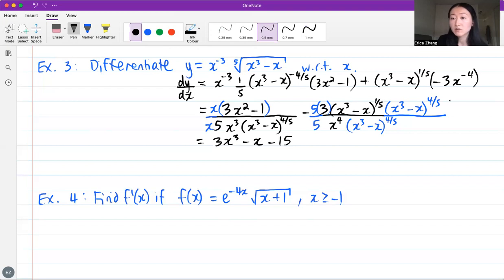So 1/5 plus 4/5 is just 1. So 15 multiplied by (x cubed minus x) raised to the power of 1. And all of this gets divided by 5x to the power of 4 times (x cubed minus x) to the power of 4/5.